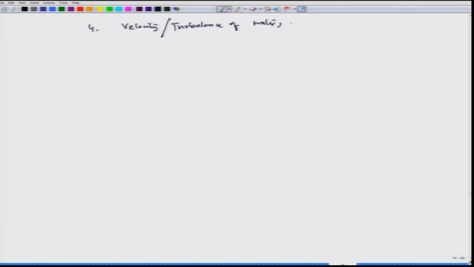Then if there are other effects like dirt, foreign material, that information cannot be obtained from a Pourbaix diagram.